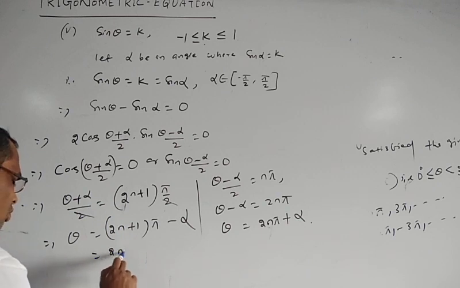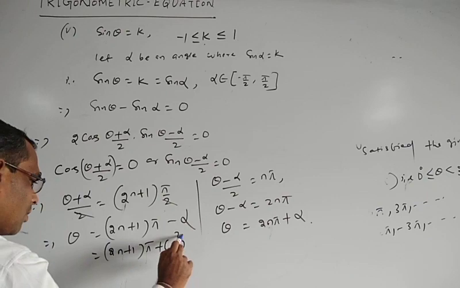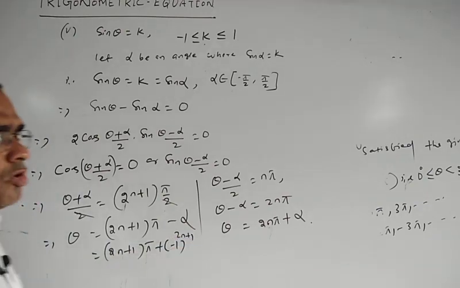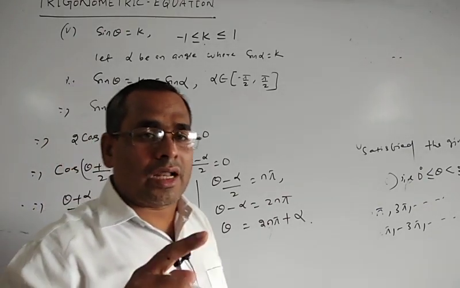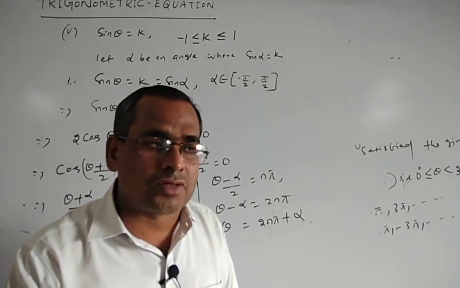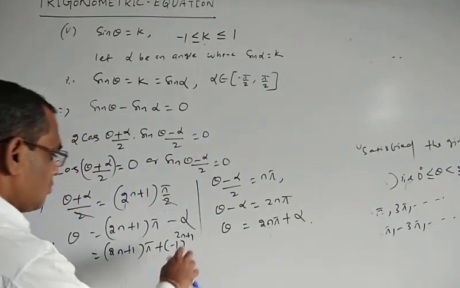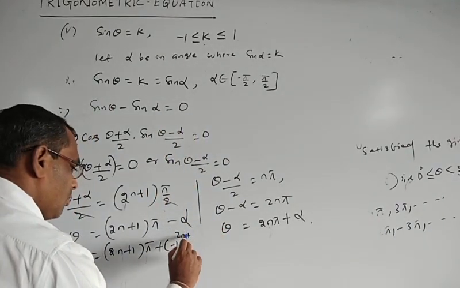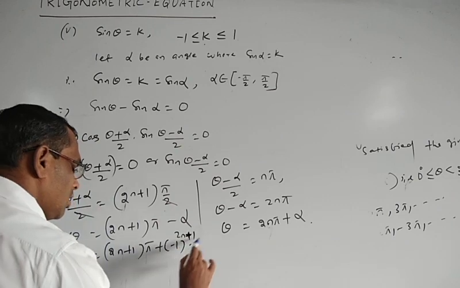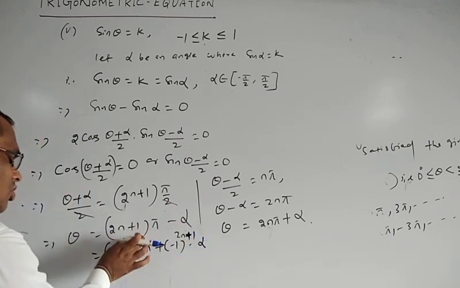This is equal to 2n plus 1 into pi plus minus 1 to the power 2n plus 1, because you know minus 1 to the power odd is minus 1, and for even it is plus 1. So it will be minus 1 into alpha, that is minus alpha, since 2n plus 1 is an odd multiple of pi.